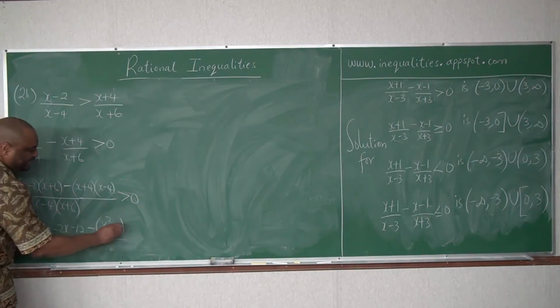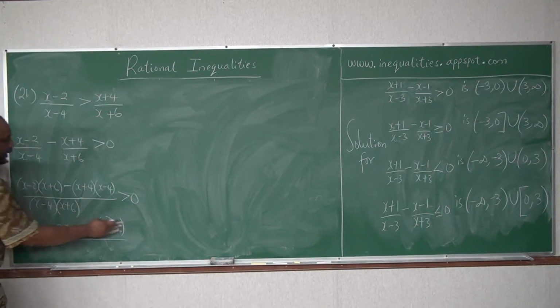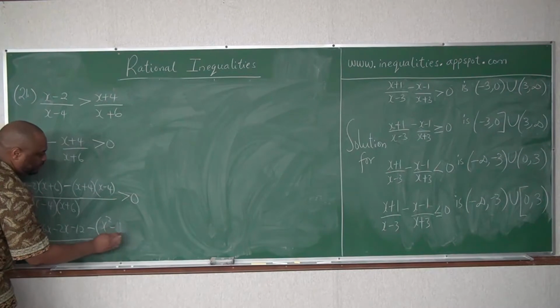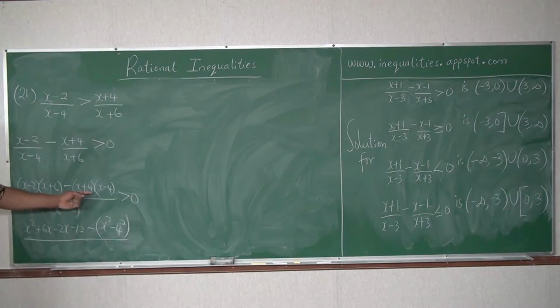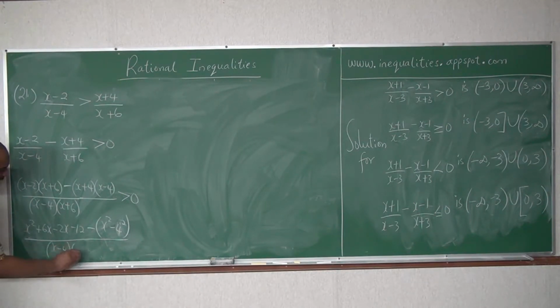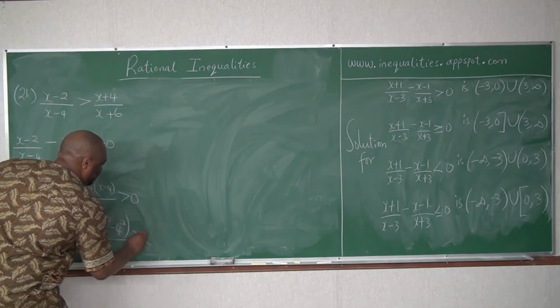This is difference of 2 squares because it's x squared minus 4 squared. If you want to FOIL, if you want to multiply the binomials, you can. All over (x minus 4) times (x plus 6) is greater than 0.